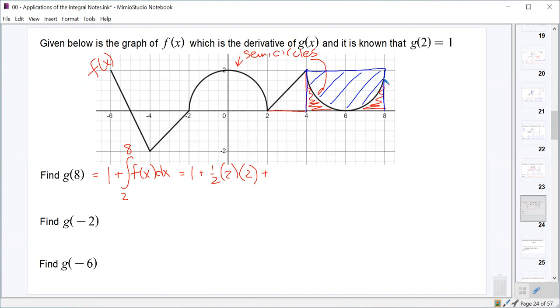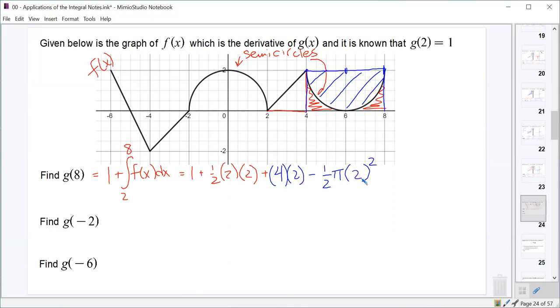So the full rectangle is a base of 4, from 4 to 8, with a height of 2. So 4 times 2. But we don't have that full thing. We have to subtract the semicircle, which is 1/2 pi times the radius of that semicircle squared. And our radius just extends from 6 to 8, so 2 units.